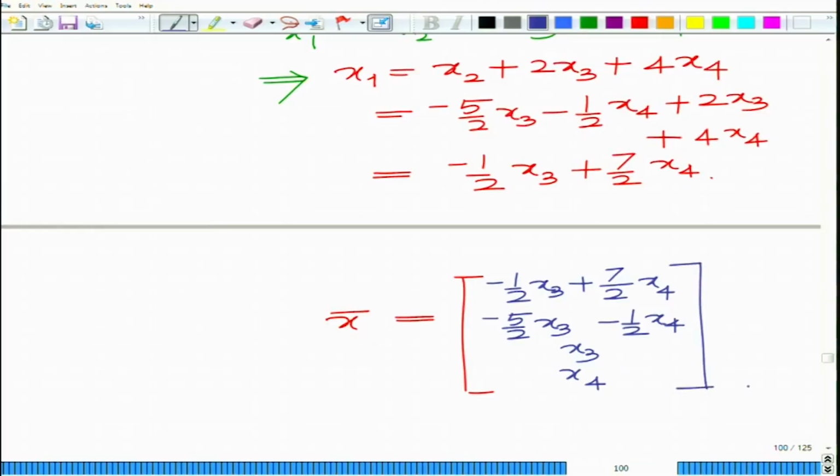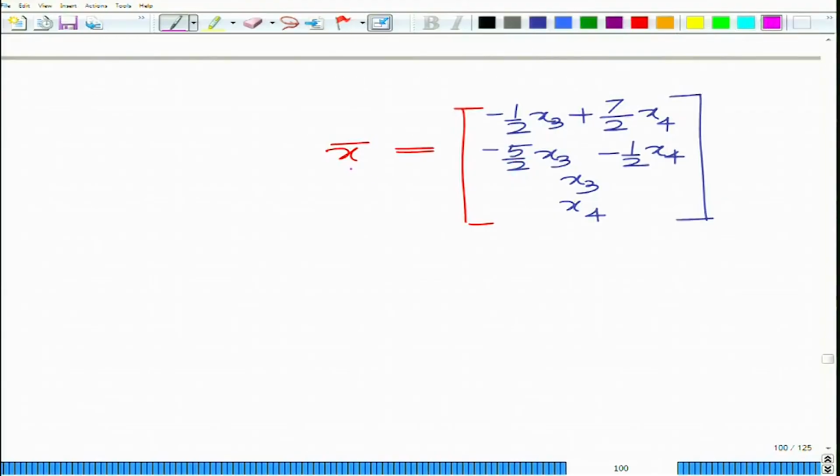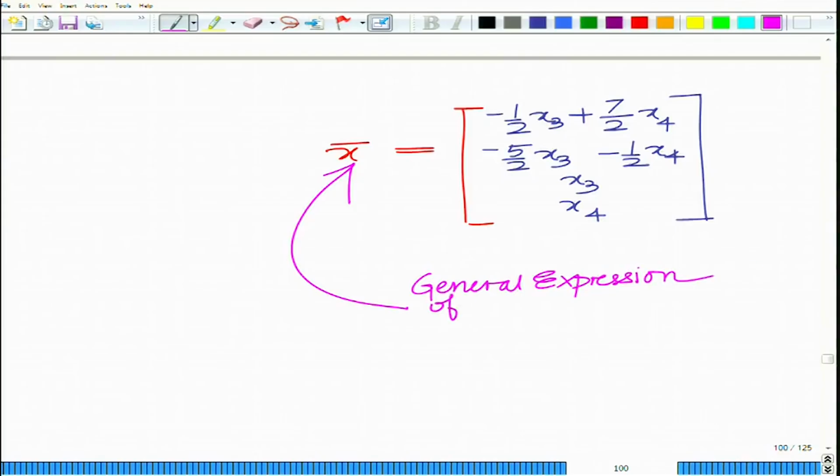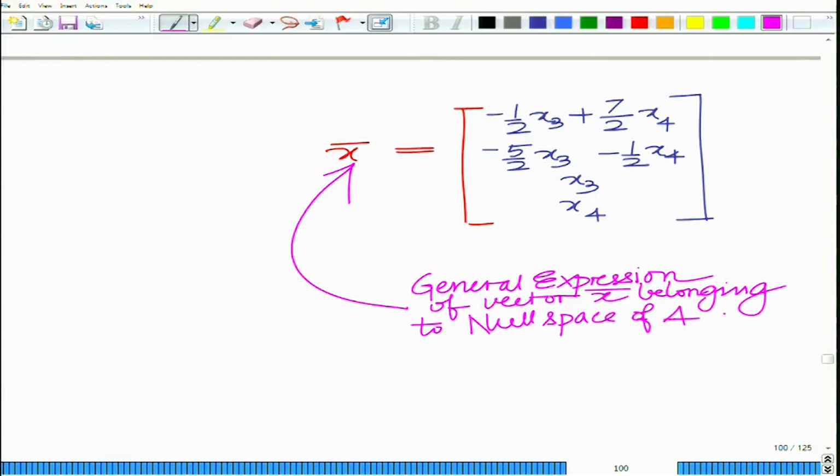This is the general expression of a vector x bar belonging to the null space of the matrix A. That is, if you choose any two parameters x3 and x4, I can form a vector x bar with this structure, and that vector will belong to the null space of matrix A.